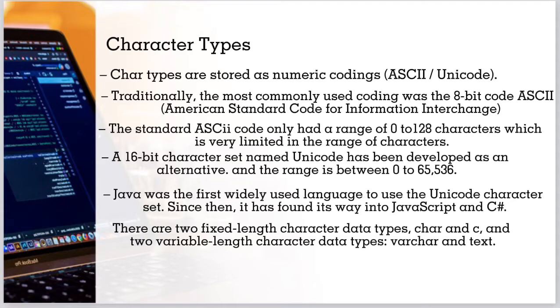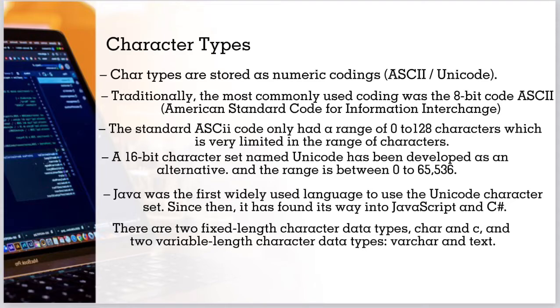Actually, ASCII is very important because it is the character encoding standard for electronic communication, and it is the codes that represent text in computers and other devices. The standard ASCII code only had a range of 0 to 128 characters, which is very limited. It basically only supports the English character set.